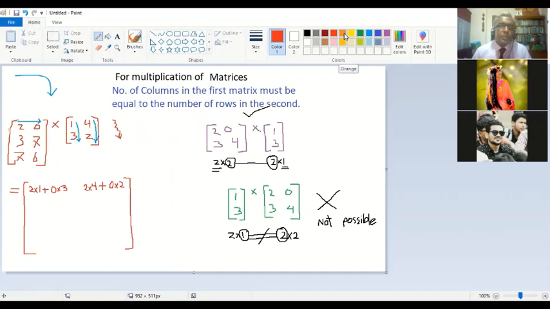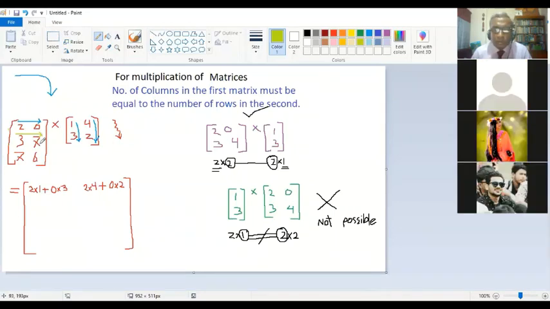Then let me continue with the next row. What is the next row? The next row is 3, 7. This rule is applicable for all the rows.